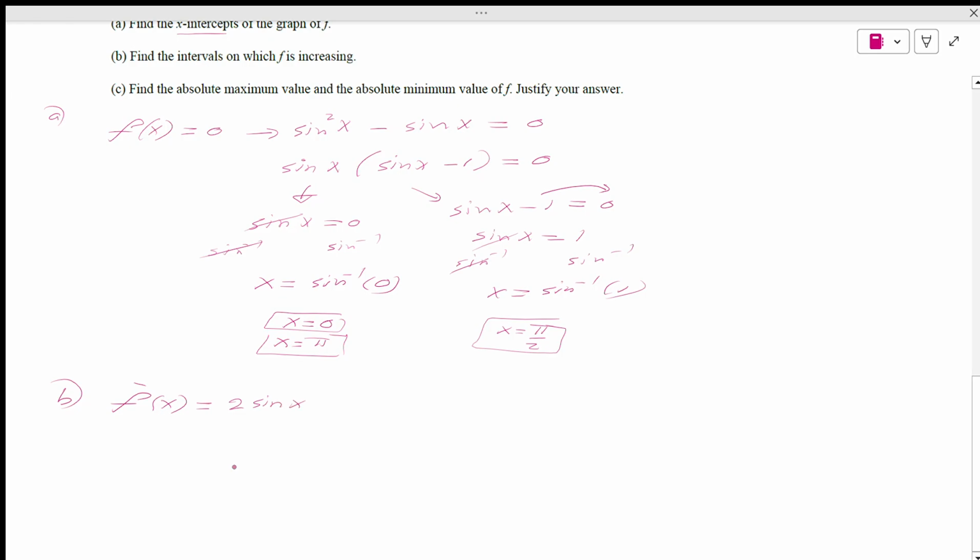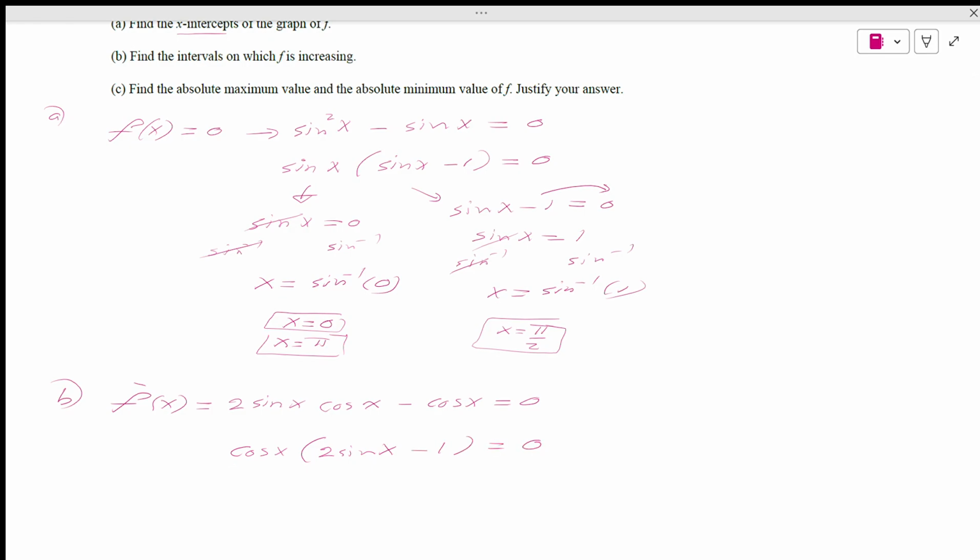Now differentiate the inner, which is going to be cos of x, minus cos of x, and set it equal to 0 to find the critical points. Now there is something in common between the two terms, which is cos. We can factor it out. So cos of x is factored out. So 2 sine of x minus 1 equals 0.